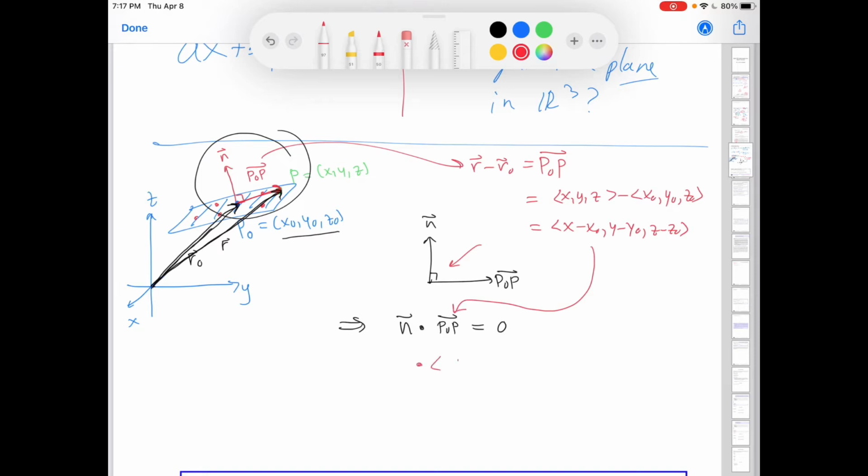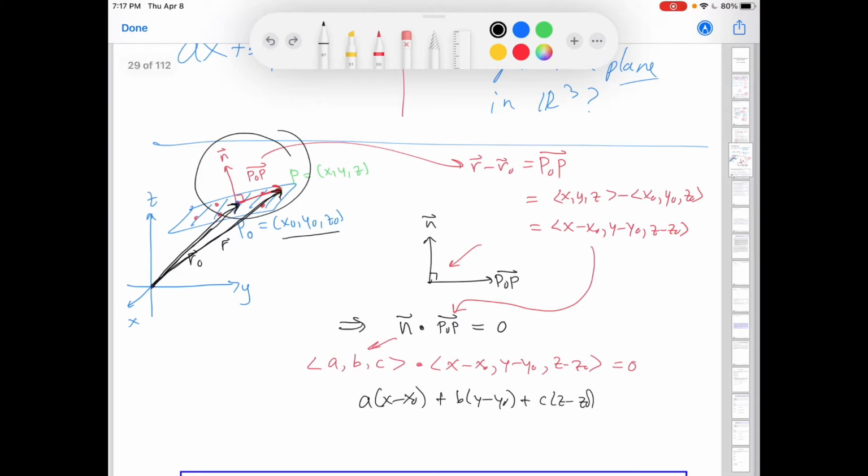Great, so I'm going to plop this in here, so now I know what I'm dotting with in my second vector. And now what about n? Let's assume that n has components a, b, c. From this, I can then expand out the dot product. Using what we know about how to calculate dot products, multiply the x components together, add the product of the y components, and add the product of the z components.